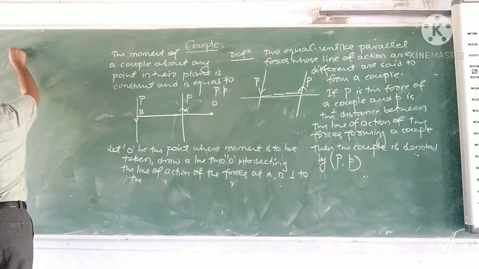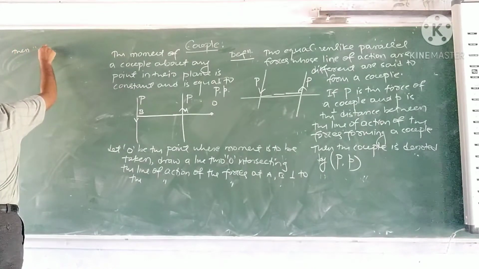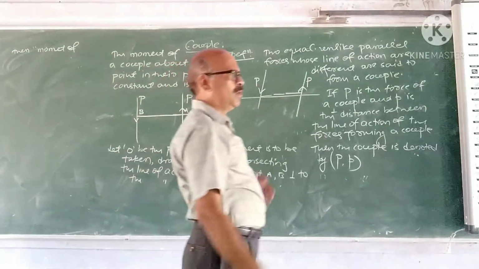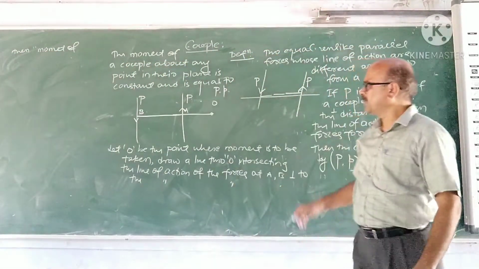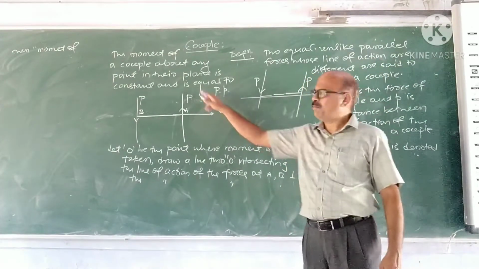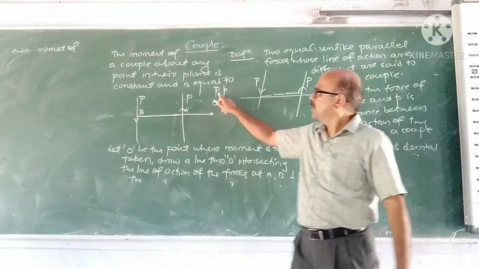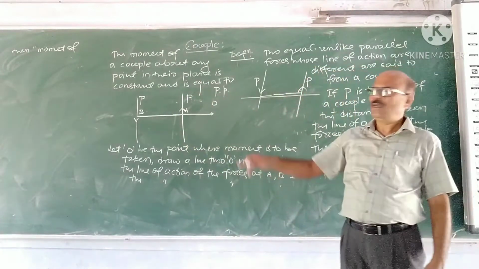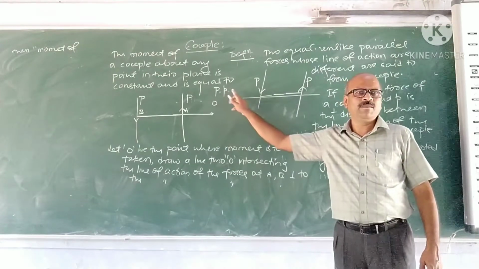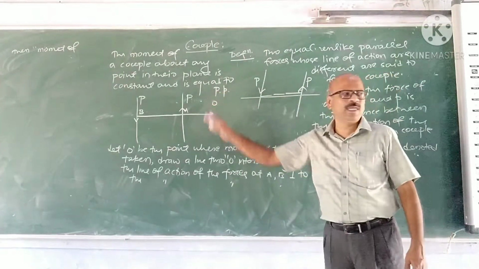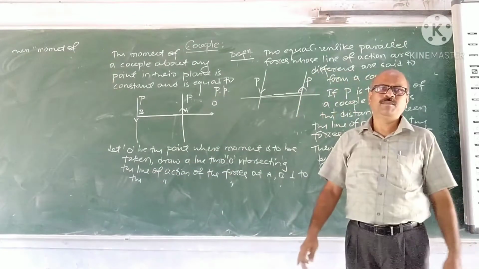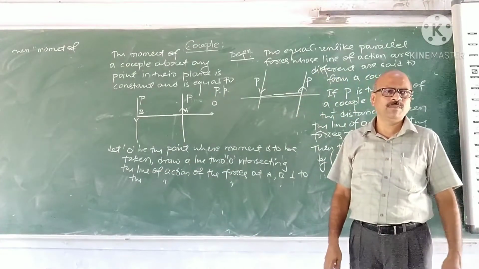What do you have to prove? Important result: the moment of any couple, say (P, p) is the couple, is equal to P into small p. What is small p? Arm of the couple. Capital P is the force constituting the couple.